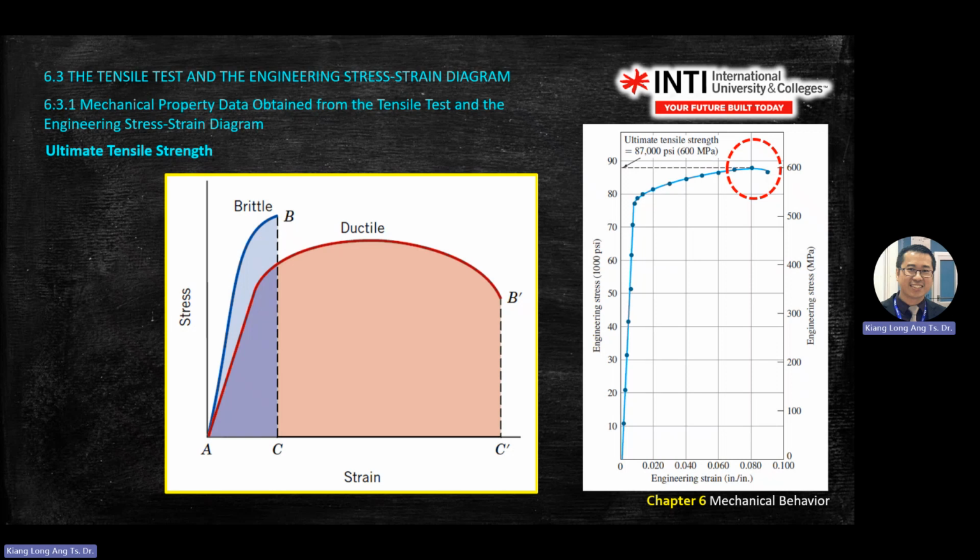They will break at a higher value, but with very short strain, which means it's more brittle. Then if the material can drag very long, that means the strain, which is the deformation, is longer. So you have a longer line of deformation, which means it's a ductile material.